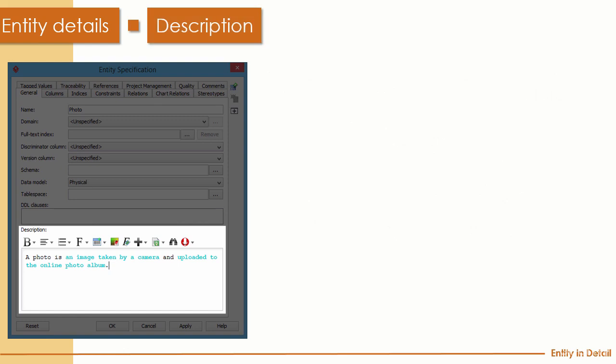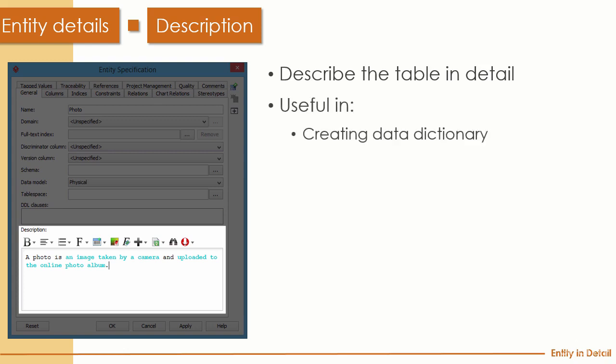And finally, the description. If you have attended our official program essential training course, you know what the description is. The description is used to describe the table in detail in textual form. The description text you write here will be used when generating the data dictionary.